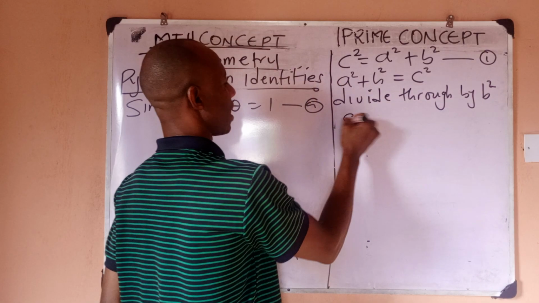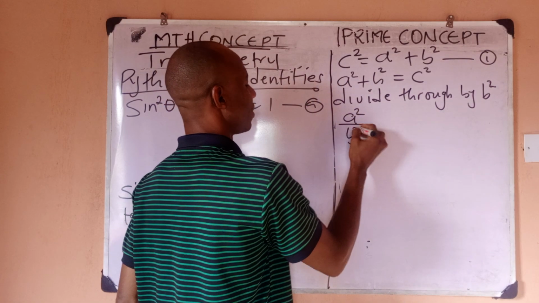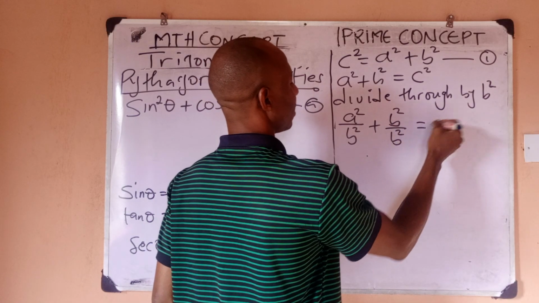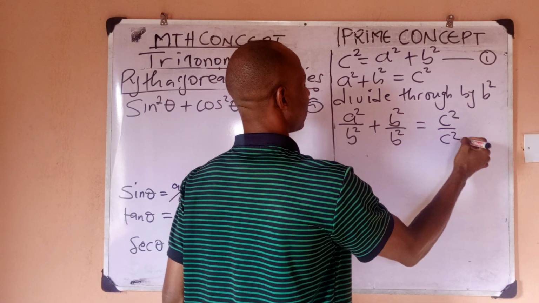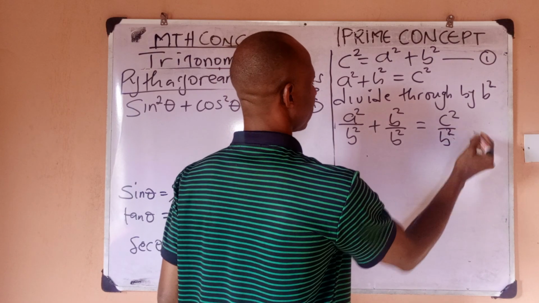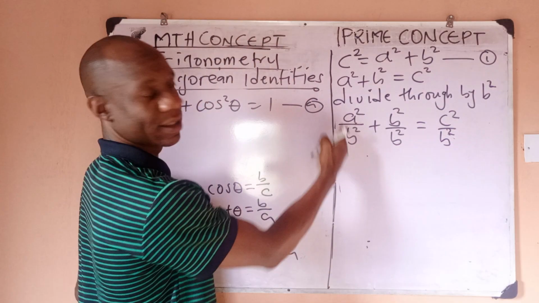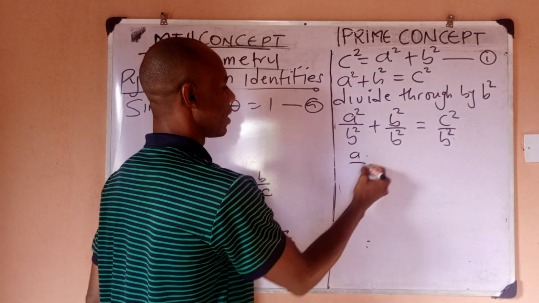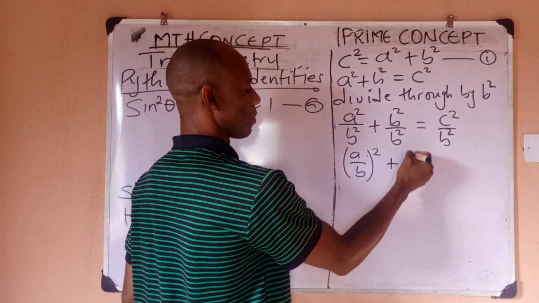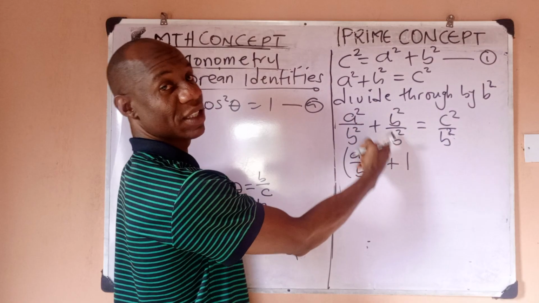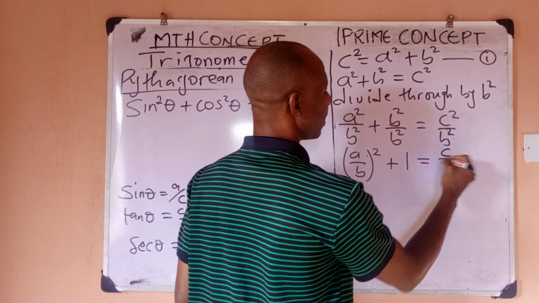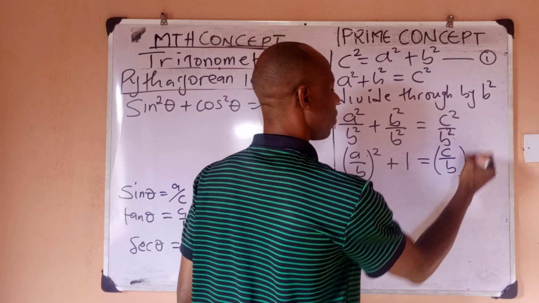So in this case, I would have a² divided by b² plus b² divided by b² equals c² divided by b². So that I can write this together, I can group it, a divided by b all squared plus what? 1, of course, because b² divided by b² is 1. So equals, I can group this again, c divided by b all what?